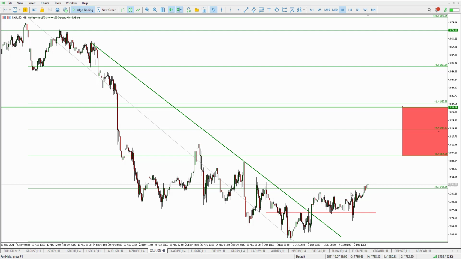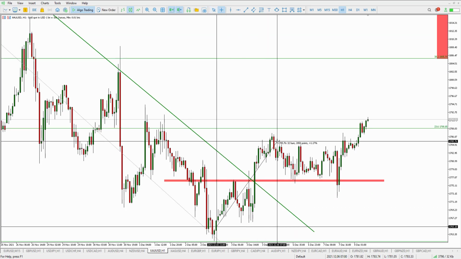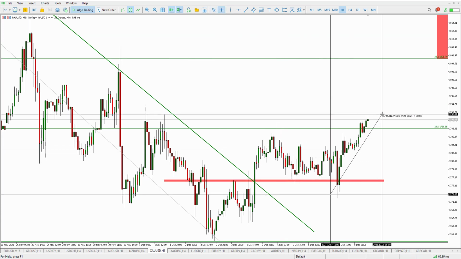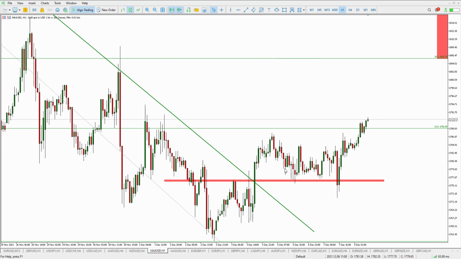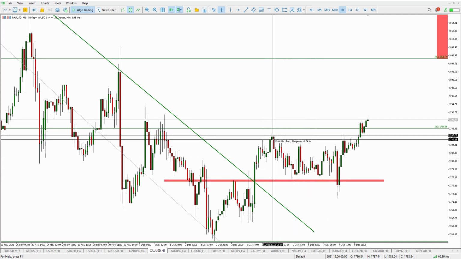Looking at the hourly chart here, we've got this upside move, then we had a pullback, and now price has started another upside move. Even when price was all the way back here before that pullback started, we were talking about opportunities.